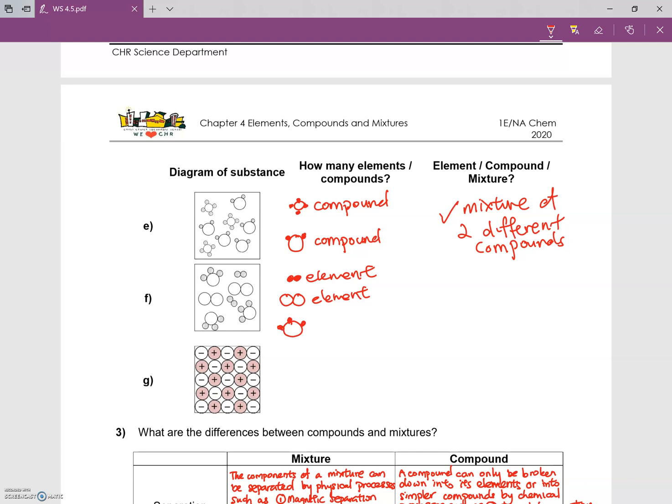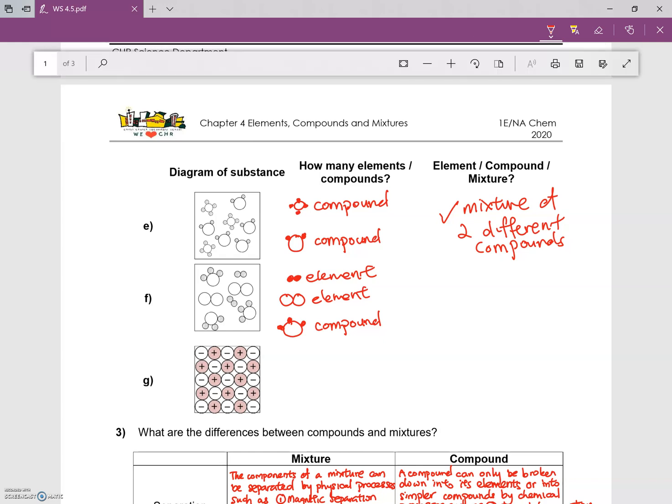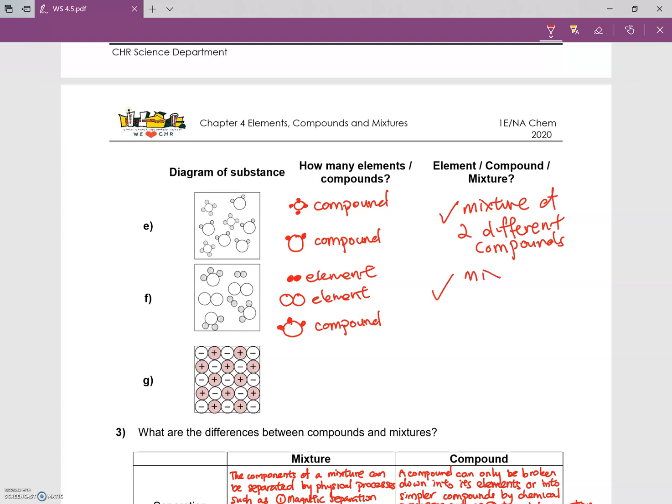These are two different types of atoms combined together, so we consider this a compound. Now this substance F consists of three different things, and they are put together. They're not joined together, so they are really just put together, but not chemically combined. So once again we consider it a mixture, a mixture of two different elements and one compound.